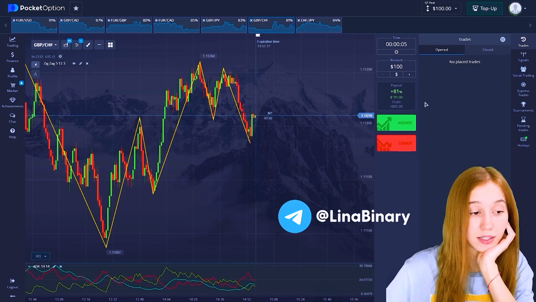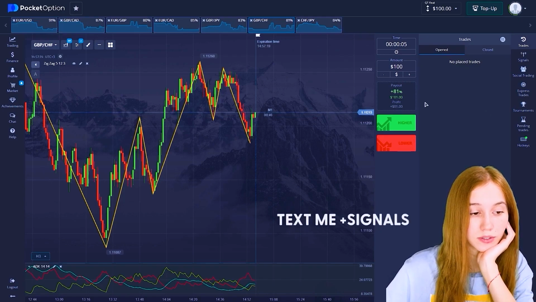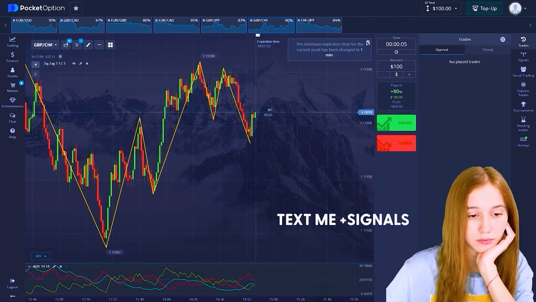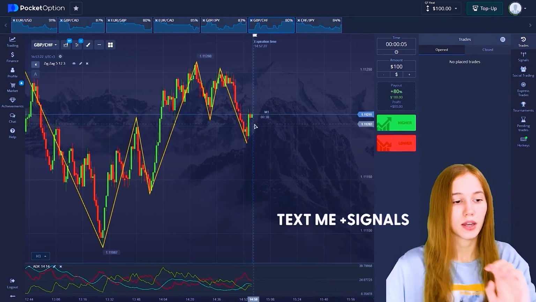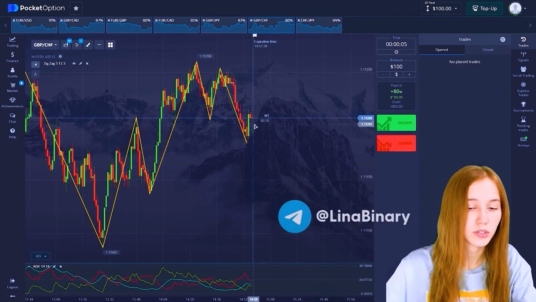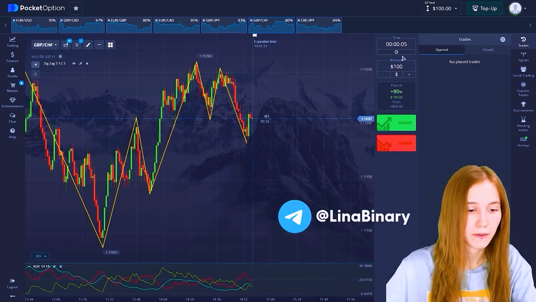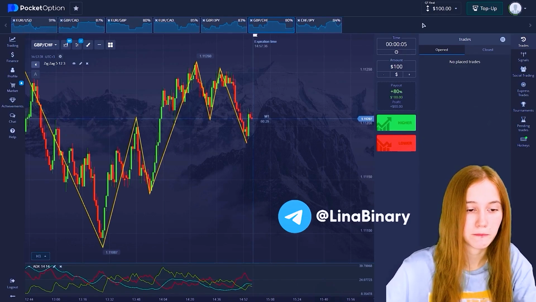We must exceed $1,000. I hope this will go well. And today we have Pocket Option, the platform on which we will trade, and our balance will be increasing.